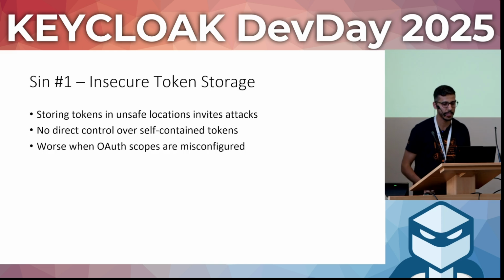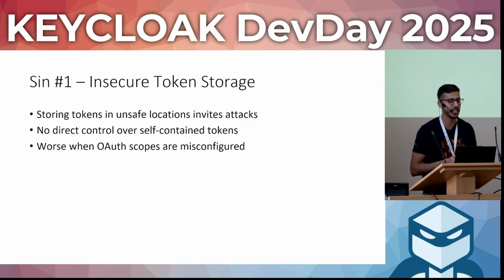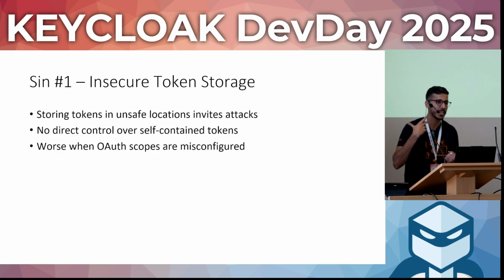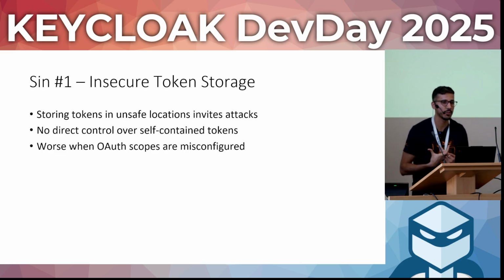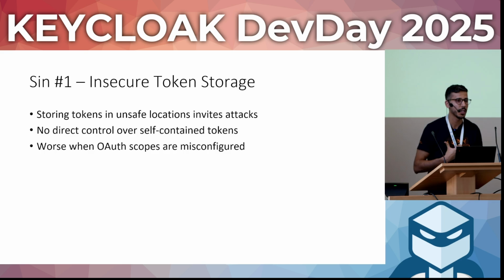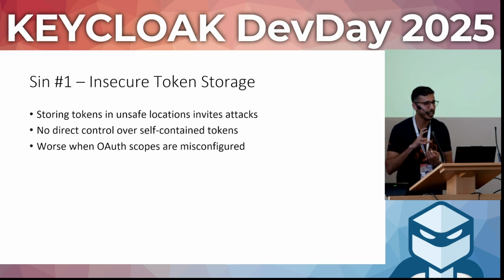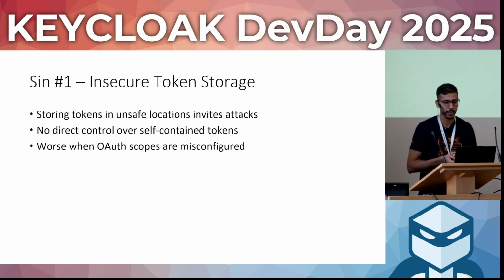And this is the first sin: insecure token storage. Why do we need to care about it? Because simply, when an attacker has access to a JSON Web Token, or a self-contained token, he can send it directly to the resource server, and the resource server will be able to validate it without any interaction with Keycloak, which means that once a token is leaked, we don't have direct control over it, and it's extremely difficult to invalidate.